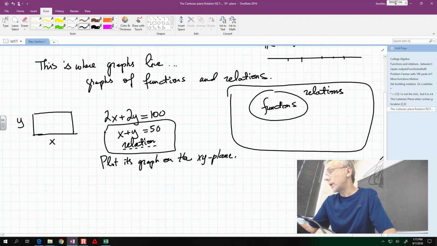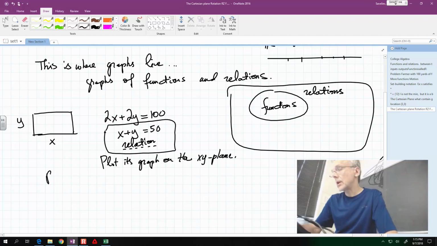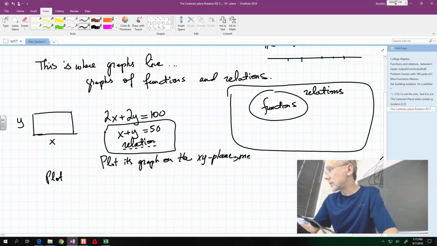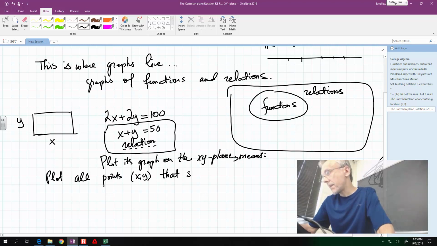So what does it mean to plot the graph? It means this: plot all points x, y that satisfy the relation.